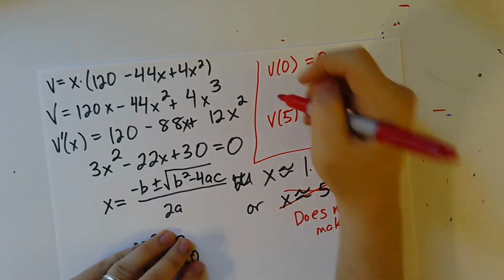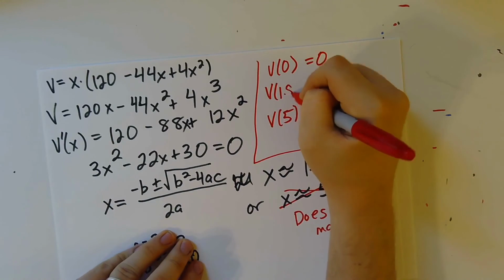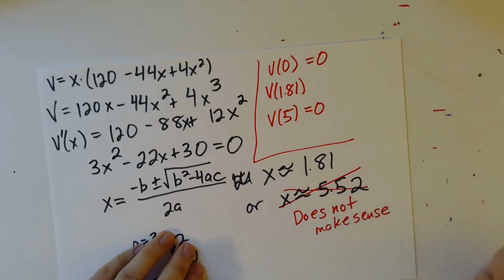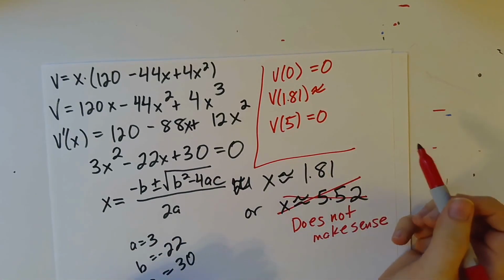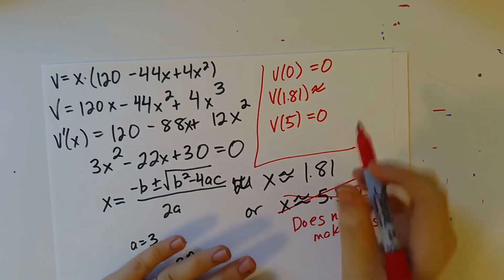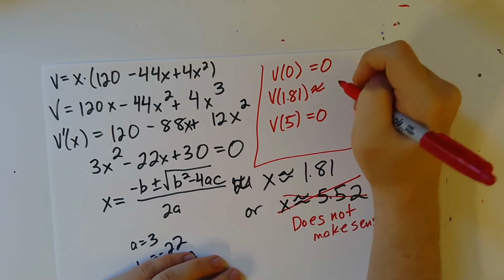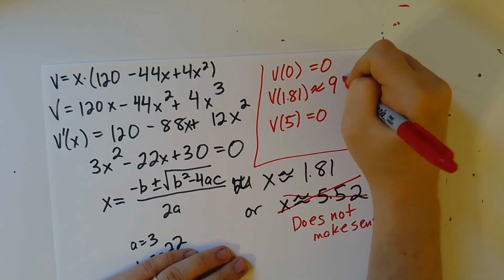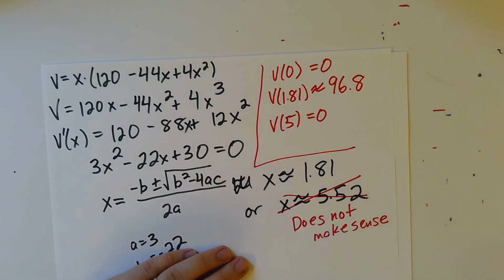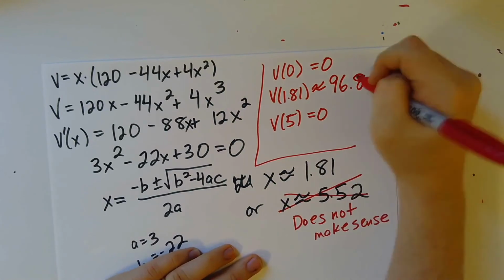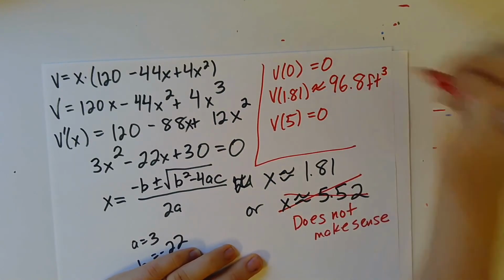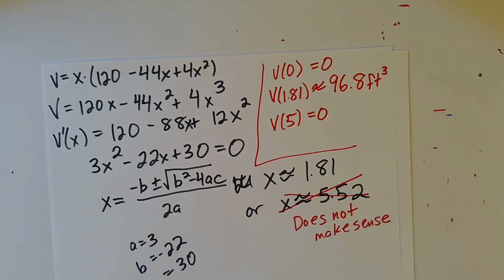So that means the largest volume the box can have is this v of 1.81 number. And if you plug this into your favorite calculator, you'll find out that the maximum volume works out to be somewhere in the vicinity of 96.8. And then that would be in feet cubed if you want to pay attention to the units.